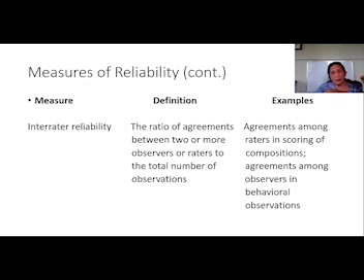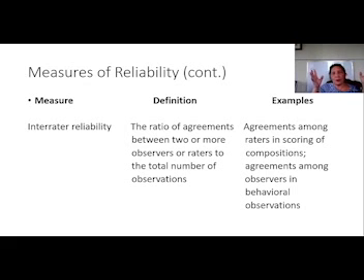Inter-rater reliability, tatlo kaming raters, apat na raters. Ano ang reliability ng scores namin sa isang essay, for example, o isang whatever event that we are scoring? Okay, ano ang definition ng inter-rater reliability?